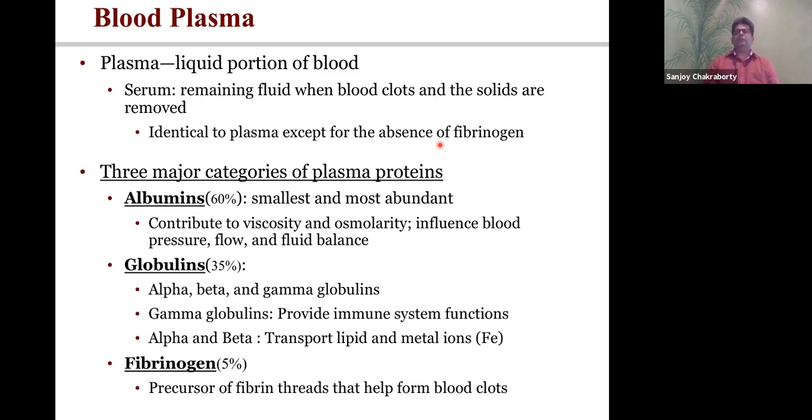So albumin has two major functions: one, help transport other molecules, two, maintain viscosity and osmolarity. What are viscosity and osmolarity? In simple words, it's how thick your blood should be. That is maintained by albumin.